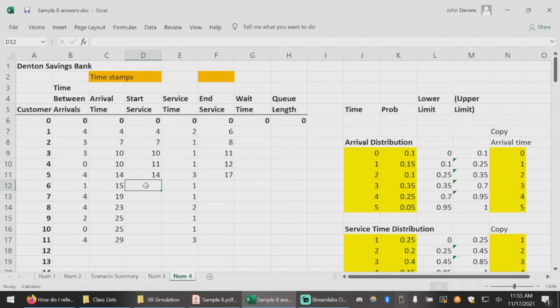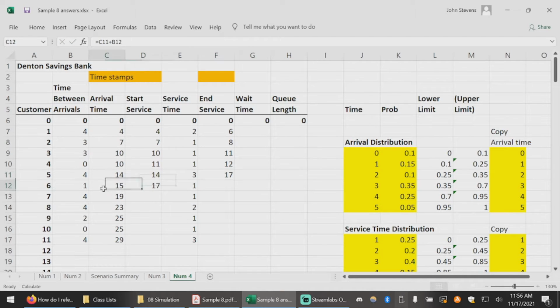Customer number 6 arrives at minute 15. Where do I look? I compare this 15 with the previous end of service time to decide what they have to do. Because the 17 is bigger, they have to wait. They have to wait for what? 17.